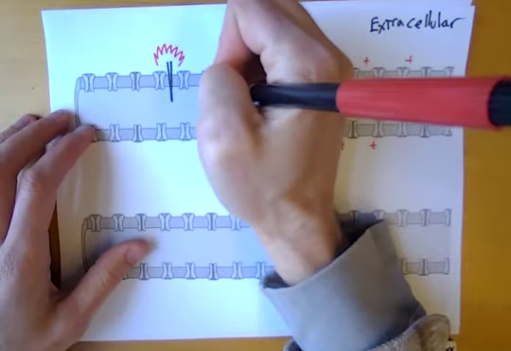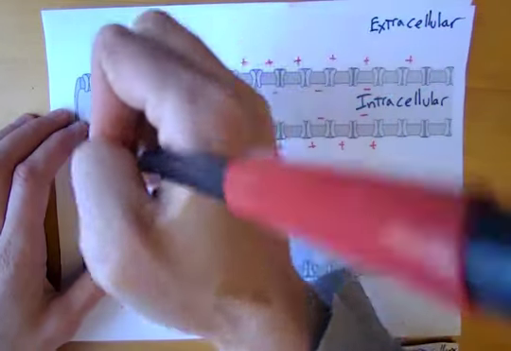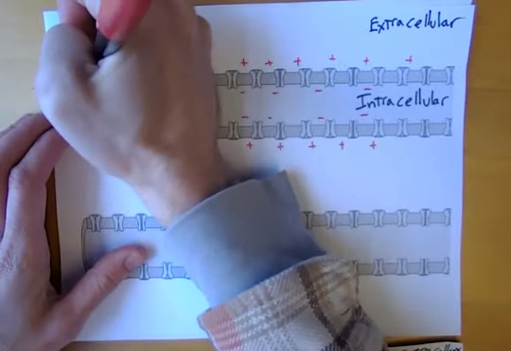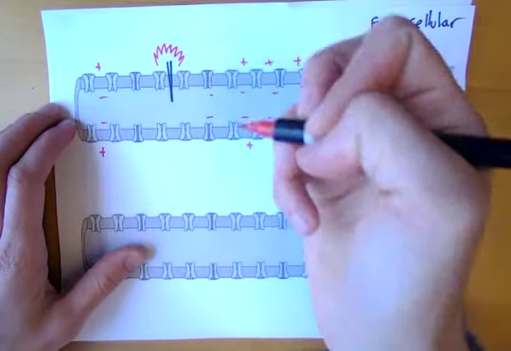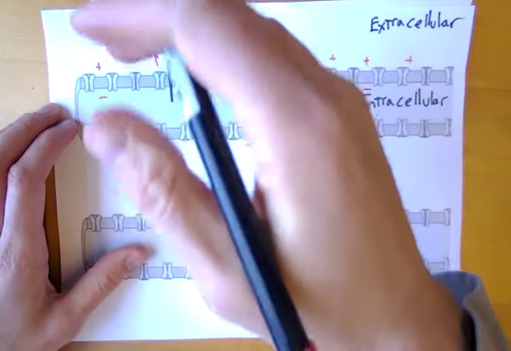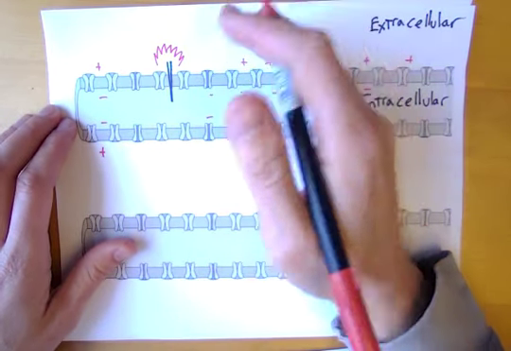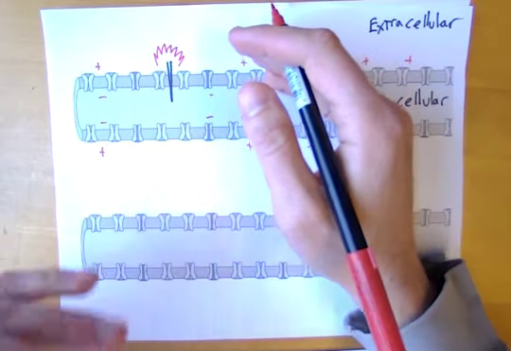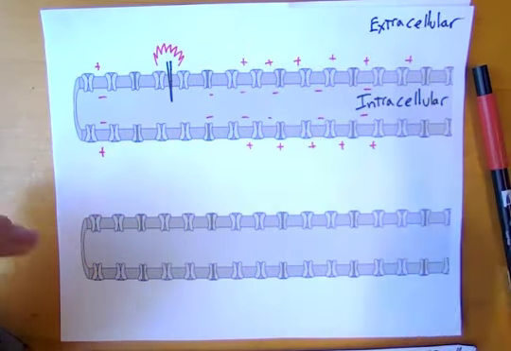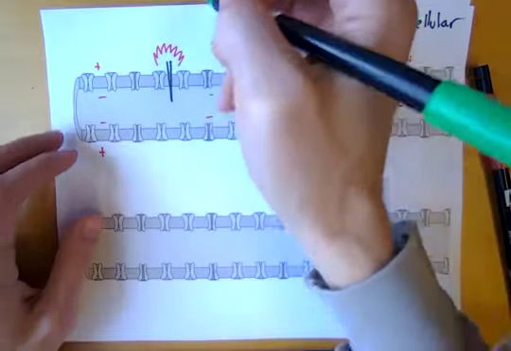And so what this does is that we sort of initiate just a little bit to get it to that -55 threshold. Right, so it's still negative on the inside, but we're just going to push it just a little bit. And then something magical happens.